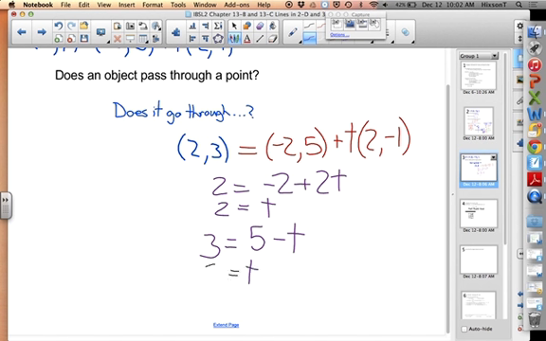Okay? So since the times are the same, I know x is 2 and y is 3 at the same time. Therefore, I know it actually hits that point.